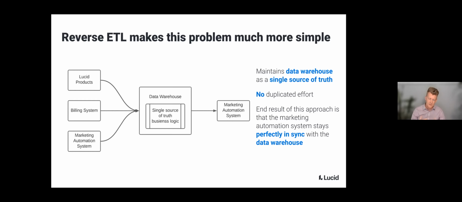And remember back to when I said that the automation system is our marketing team's bread and butter. They're in it every day. That's important here because we're giving them the data where it needs to be used, where they want to use it. Yes, we could hypothetically go off and create a dashboard or do some ad hoc stuff, but all of that is an additional point of friction in their job. They'd much rather just have accurate data that's up to date where they need to use it.